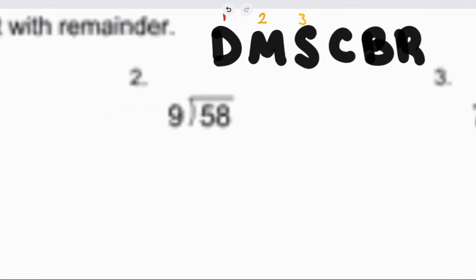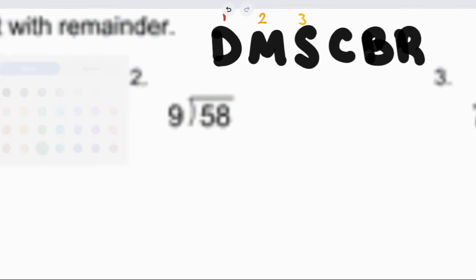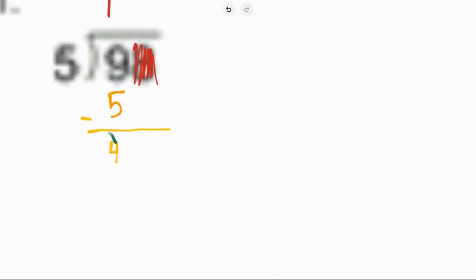The next thing we're going to do is step number 4, which is to check. C stands for check. What we're checking for is making sure that what we've subtracted is less than the divisor. So is 4 less than 5? If it is less than 5, then you can move on to your next step. But you need to make sure of this first.